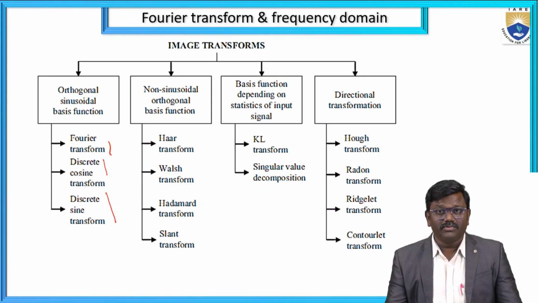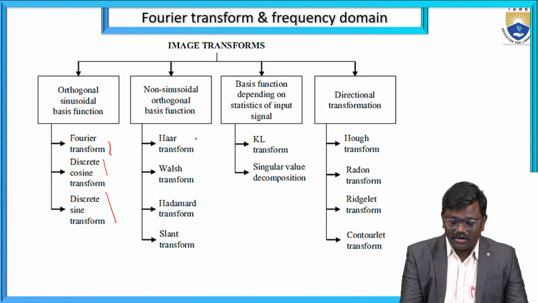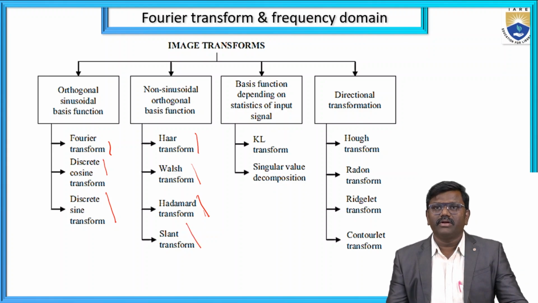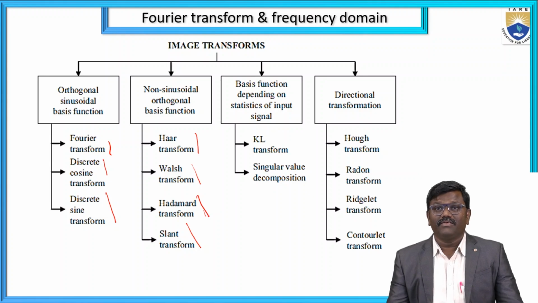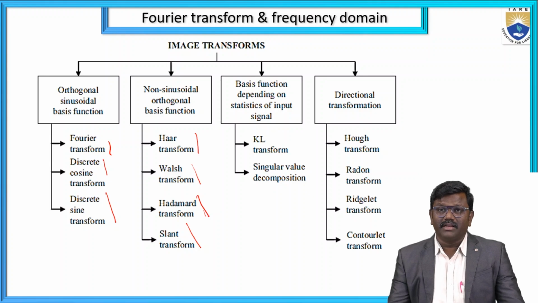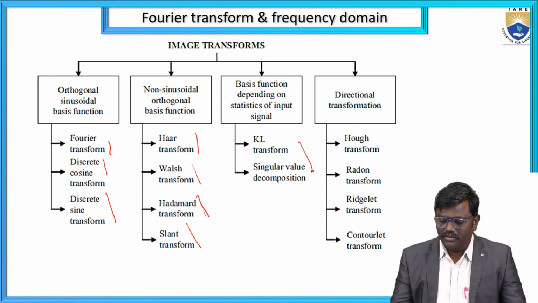If we apply non-sinusoidal orthogonal basis functions as a transformation technique, the methods are Haar transformation, Walsh transformation, Hadamard transformation and slant transformation. Then we also concentrate on the basis function depending on the statistics of the input signal, that is KL transformation and singular value decomposition.